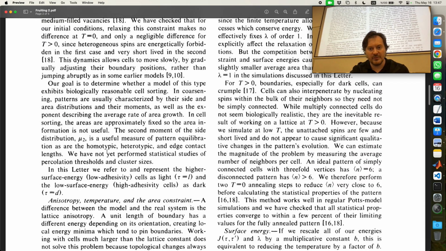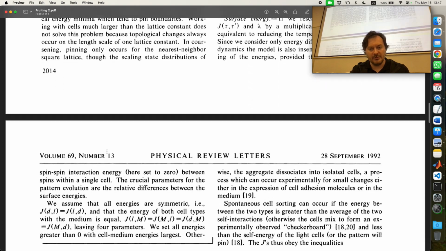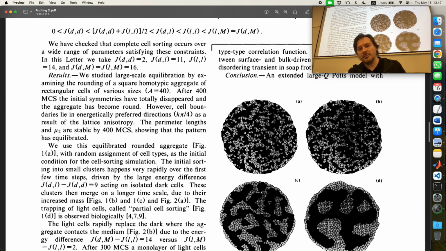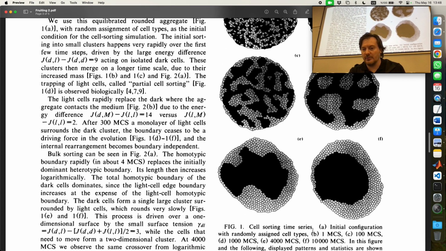Let's see, MCS, whatever. Do you see what happens? They start with a soup of cells and run this algorithm that has no mind in itself, right? But these cells organize into a region with black cells and white cells. So far, so good?